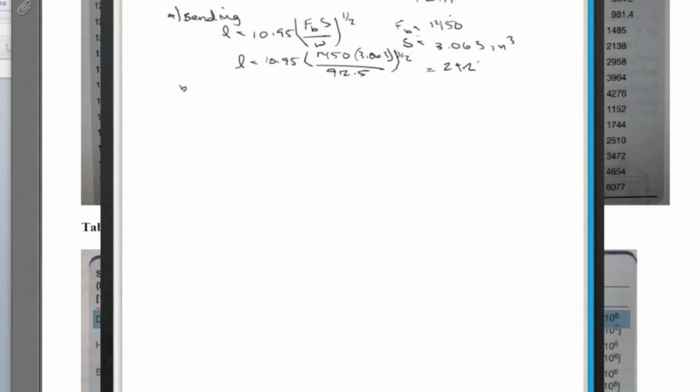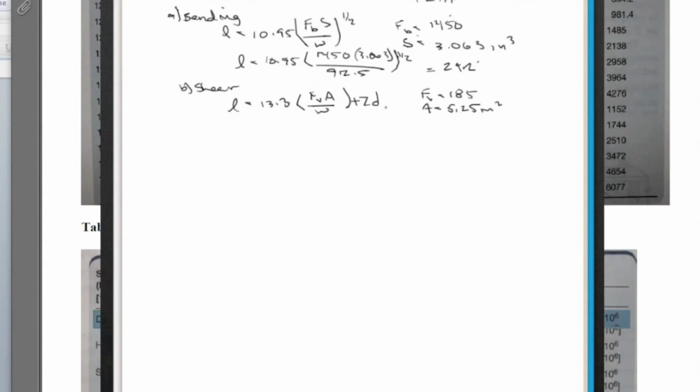Okay, so again, we're going to check shear. Going back to the table, we're going to get our shear equation to be 13.3 times FV A over W plus 2D. So FV from the chart for Douglas fir larch is 185. The area is going to be 5.25 inches squared for a 2x4.